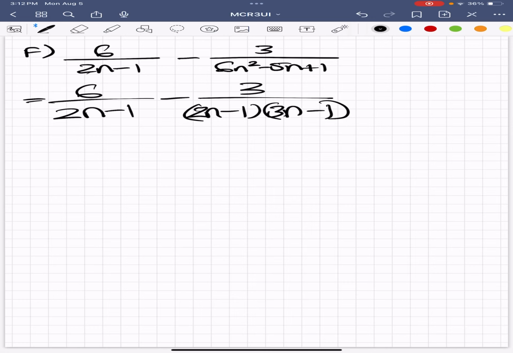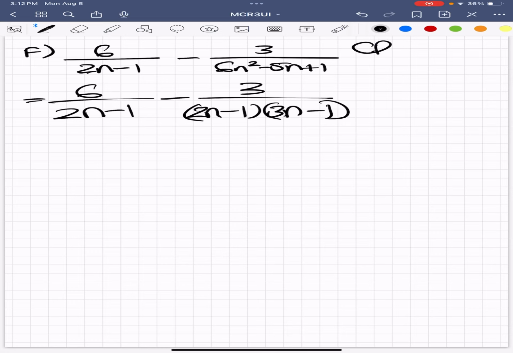So 2n multiplied by 3n would be 6n squared. 2n multiplied by negative 1 would be minus 2n, and then minus 3n. So minus 2n and minus 3n would be negative 5n. And then negative 1 times negative 1 would be positive 1.